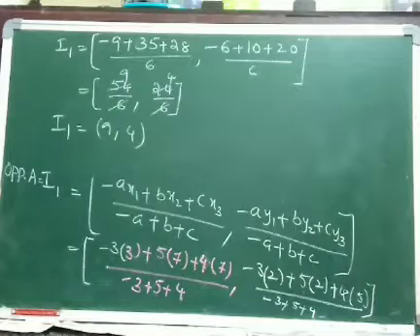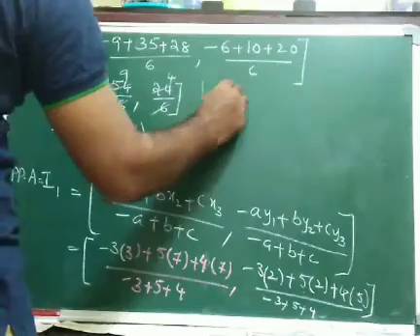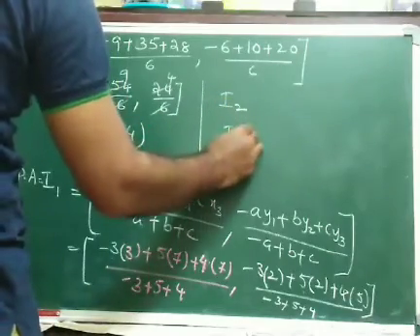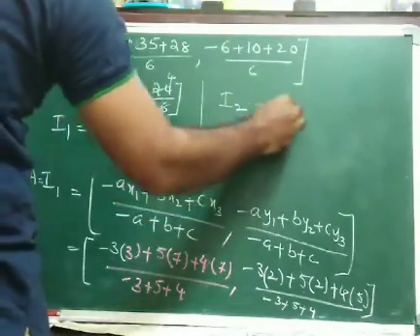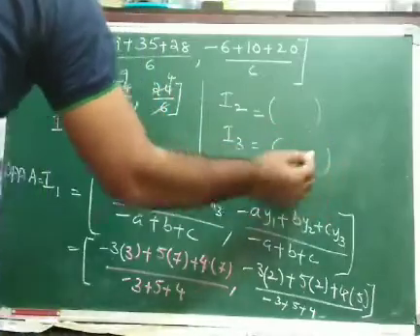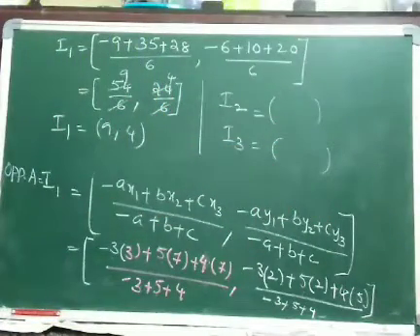So that is I1, which stands for the excenter opposite to vertex A. And similarly you can solve for the excenter opposite to vertex B and vertex C also. They are nothing but I2 and I3.